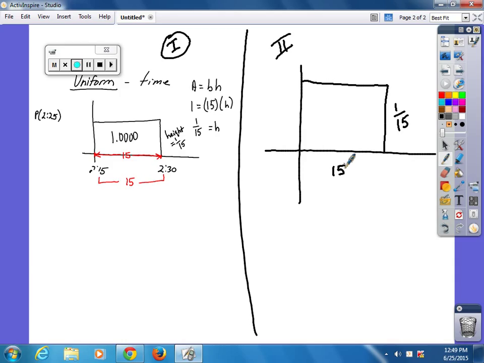Now, the question is, 2:25 would be right about here. And we want to know what is the probability of going over 2:25.